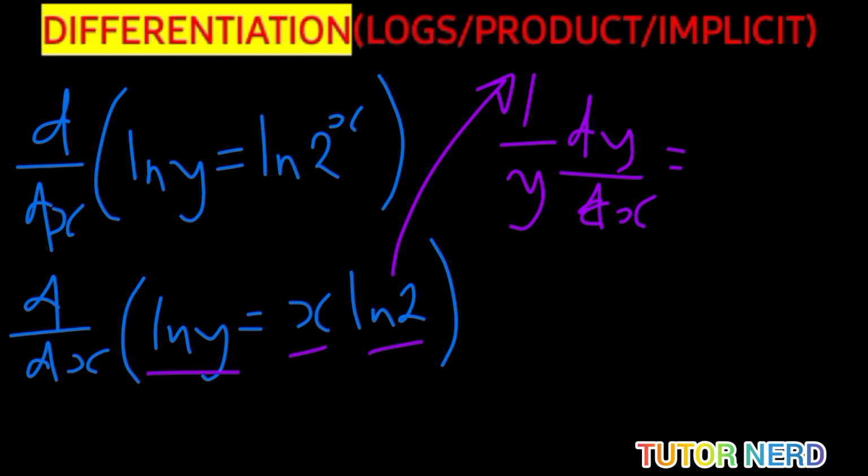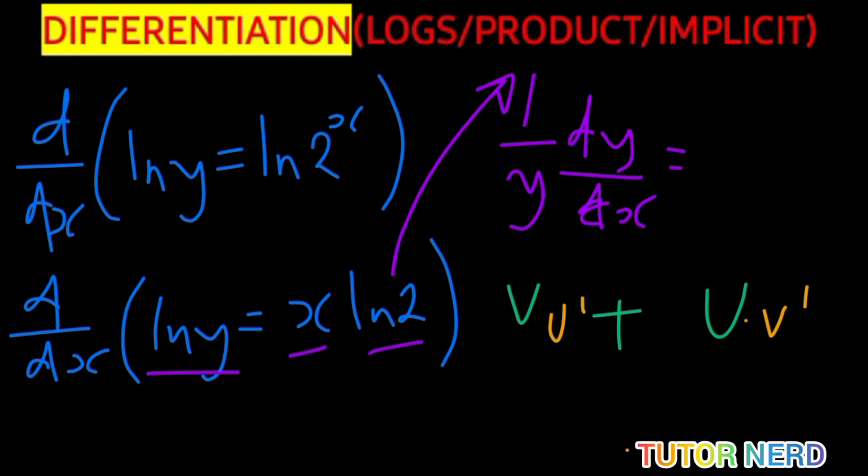Now in this case, we're having x and ln 2. These are being multiplied, and what we're going to apply here is the product rule for differentiation. There's actually a formula that we use. It goes like this: v u plus u v prime.